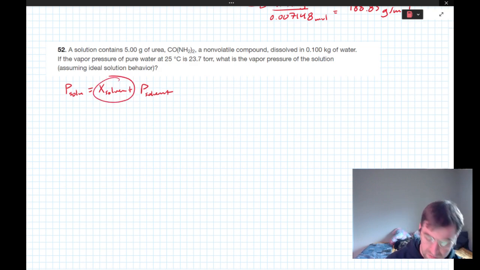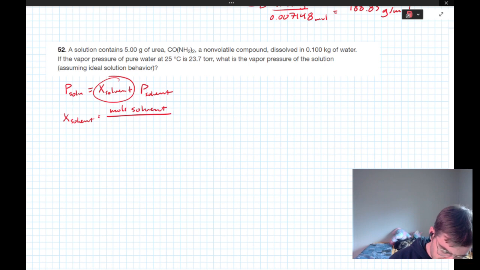We're solving for the mole fraction. And the mole fraction equals moles of solvent per total moles in the solution.